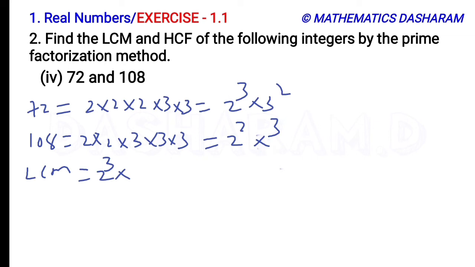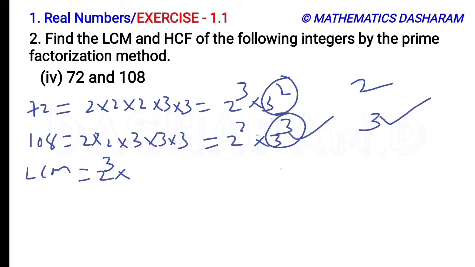Sorry, here actually I did not write the 3 cube. So it is 3 cube. 3 square, power is 2. 3 cube, power is 3. The greatest one is 3, so 3 cube has to be considered. So 2 cube 8, 3 cube 27. 8 into 27 equals 216.